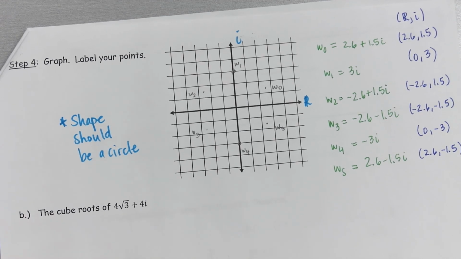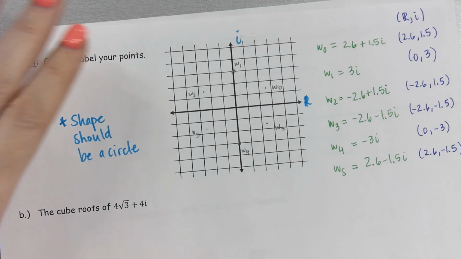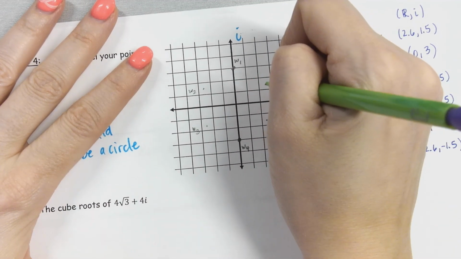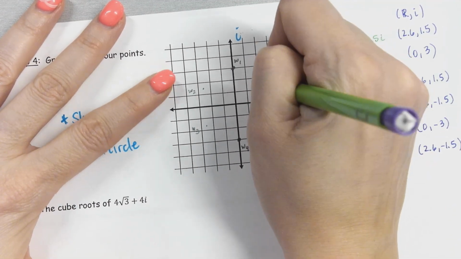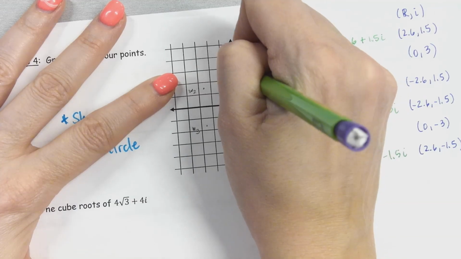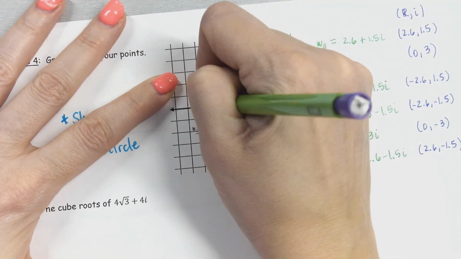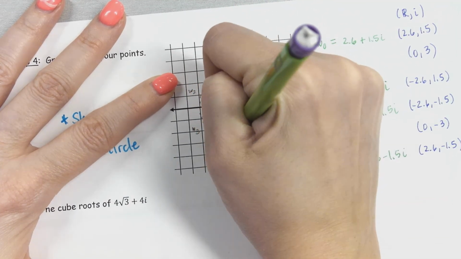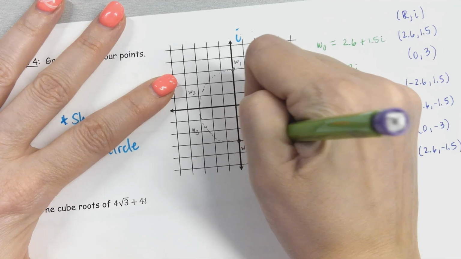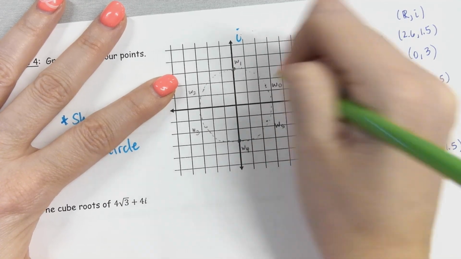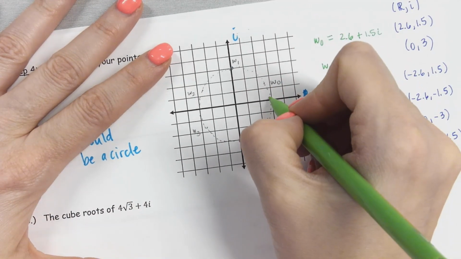You're going to have to make the circle. So what I found is that the simplest way for me to get a good looking circle is I do like a dash line first, dash it through. And then I connect them.